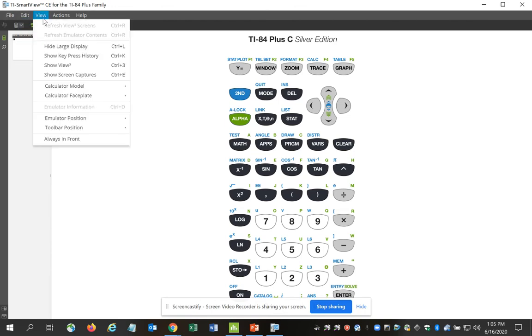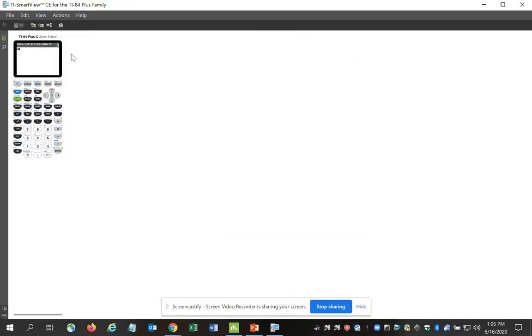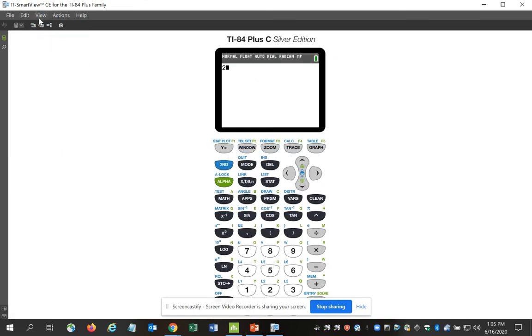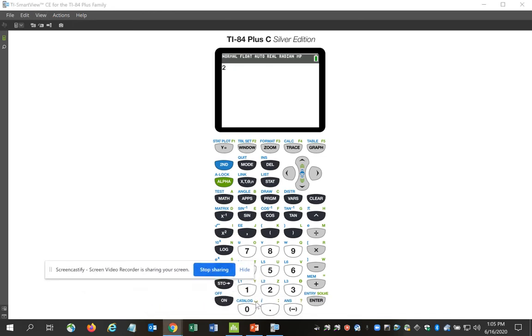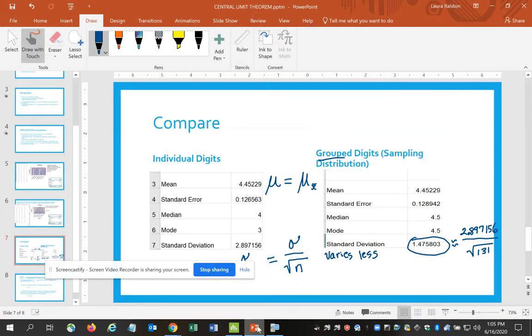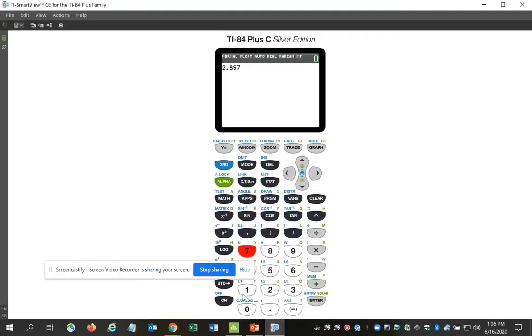Point eight, 2.897156 divided by the square root of the 131 that were in our initial sample.